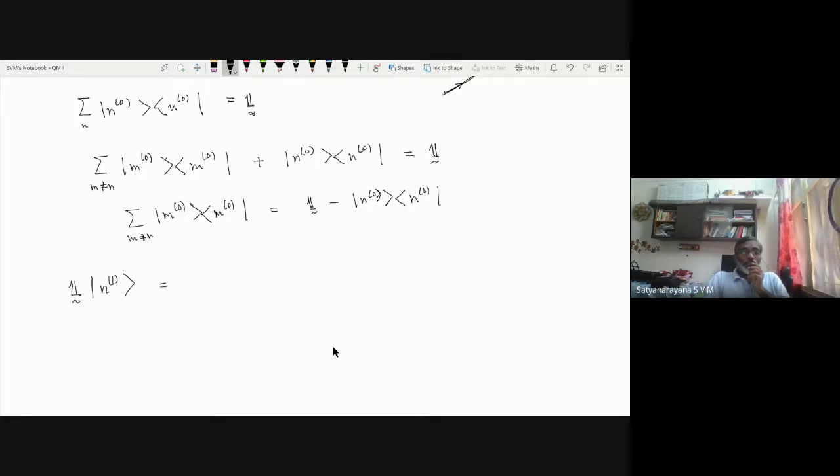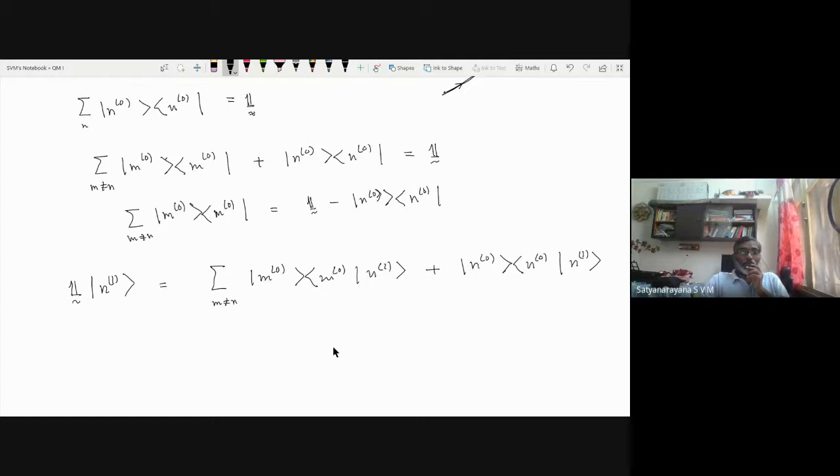So that is equal to the sum over m not equal to n of m0, m0, n1, plus n0, n0, n1.